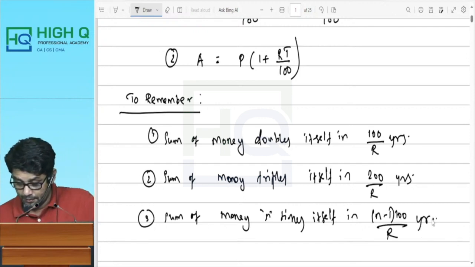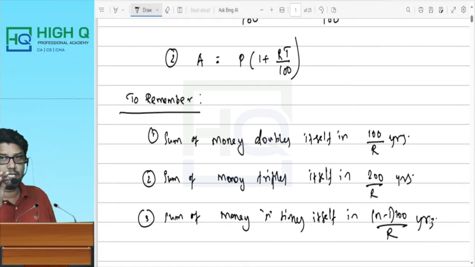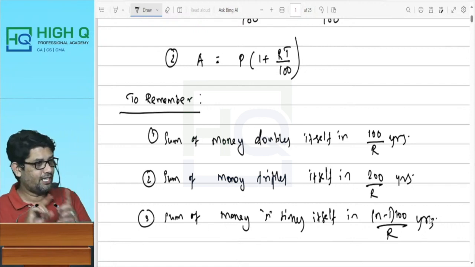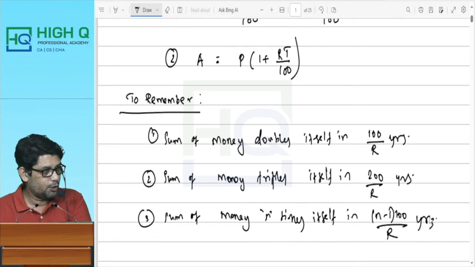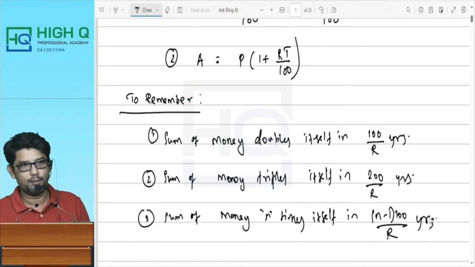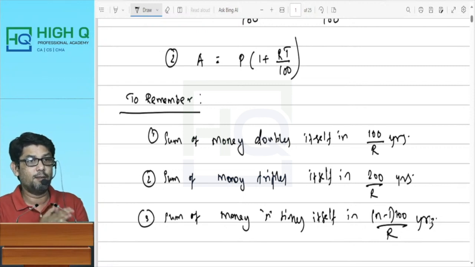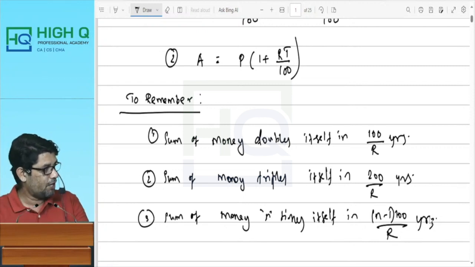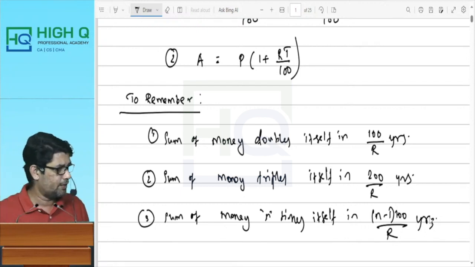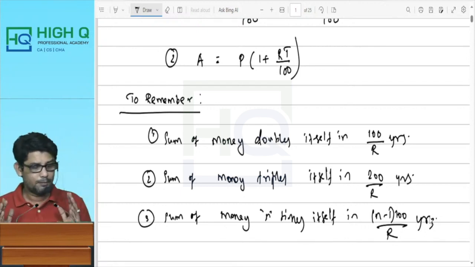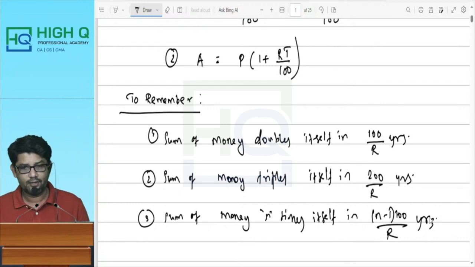Listen here, my dear. When the rate of interest is given, to find the number of years, substitute the rate of interest here and you will get the number of years. Sometimes they give the number of years. So when the number of years is given, replace R with N to calculate the rate of interest. Remember this one, because based on this they are definitely asking questions.